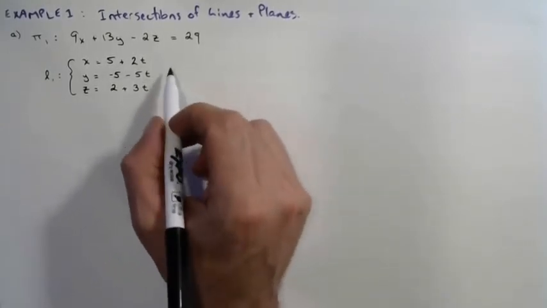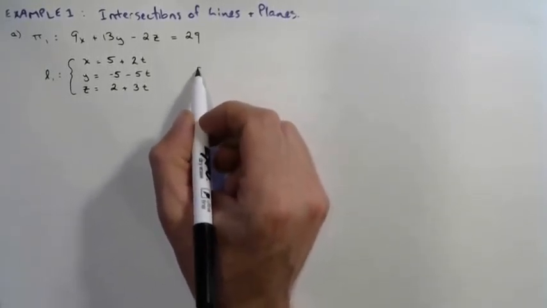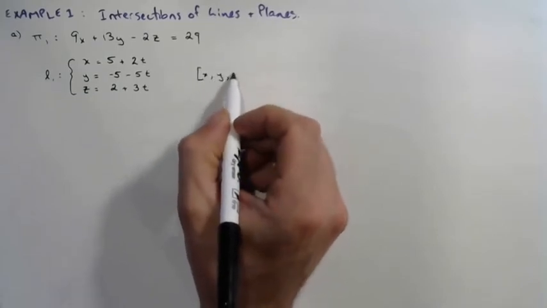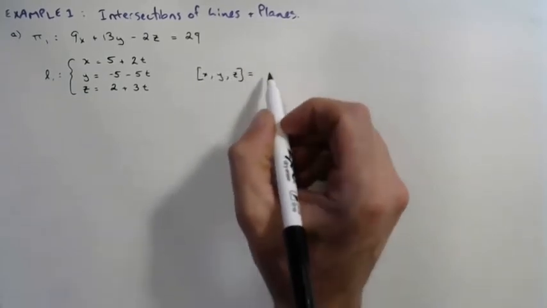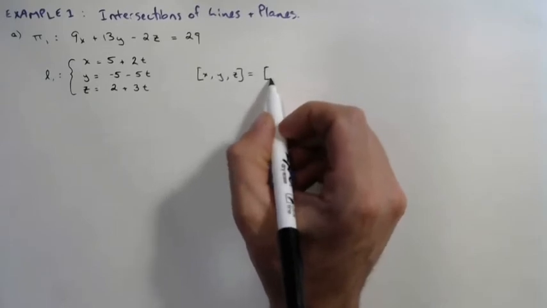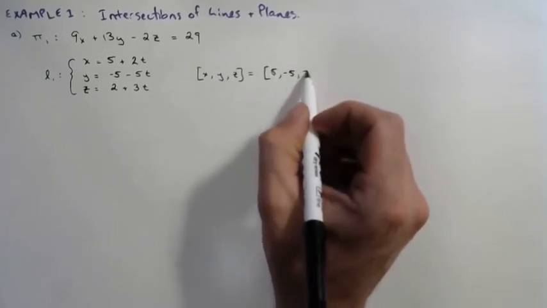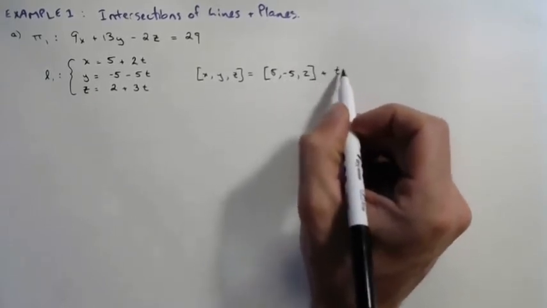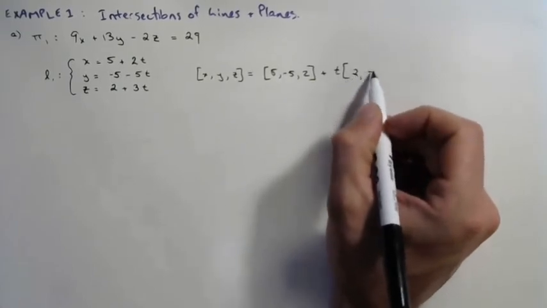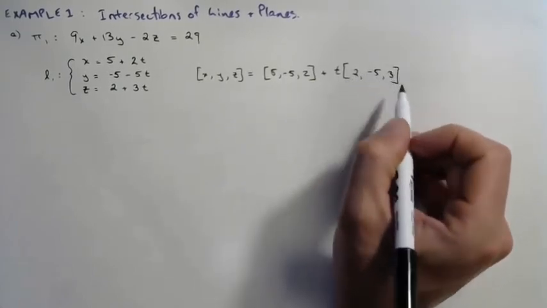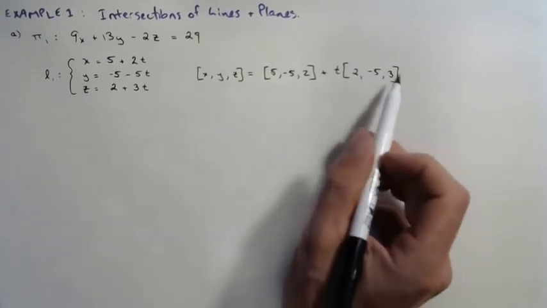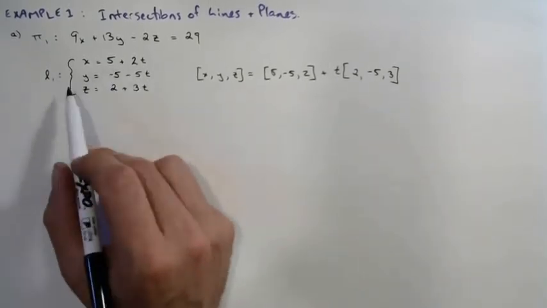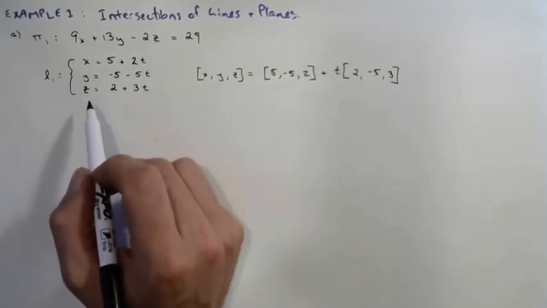So in case we're forgetting, this is the line (x, y, z) equals our position vector (5, negative 5, 2) plus some scalar multiple of (2, negative 5, 3). Here it is in vector form, and here it is in its parametric equation.